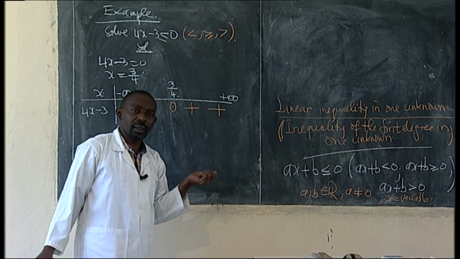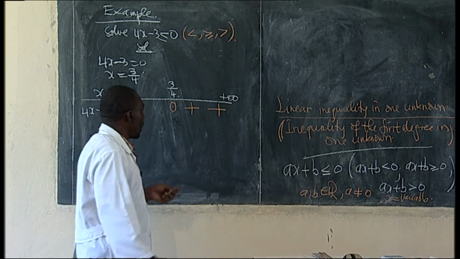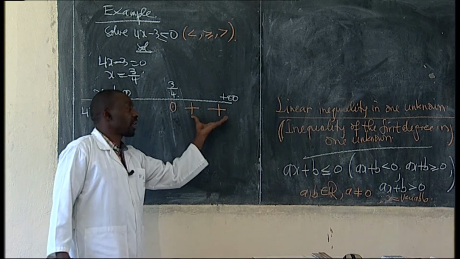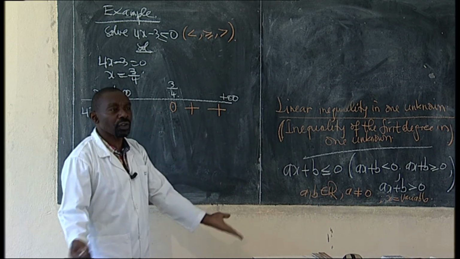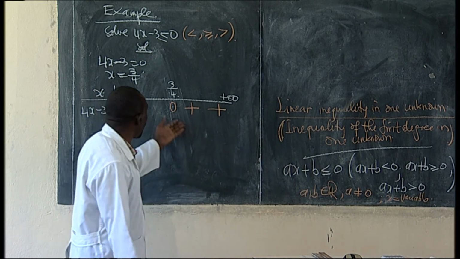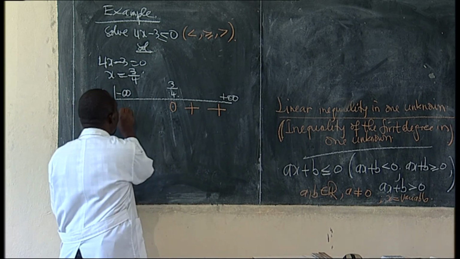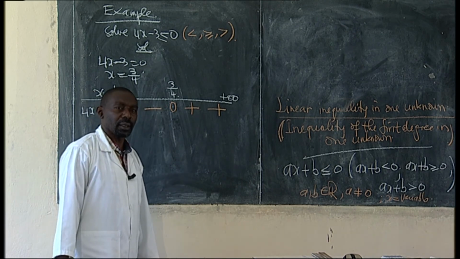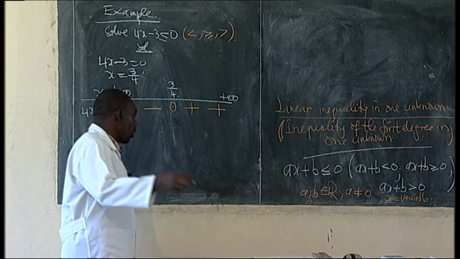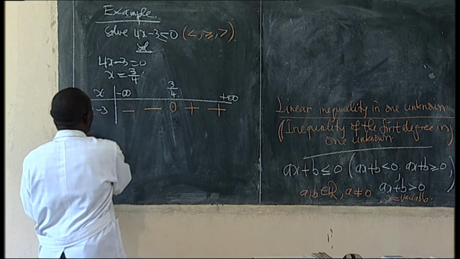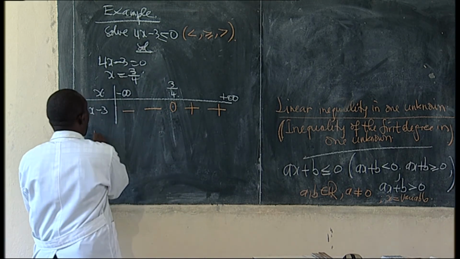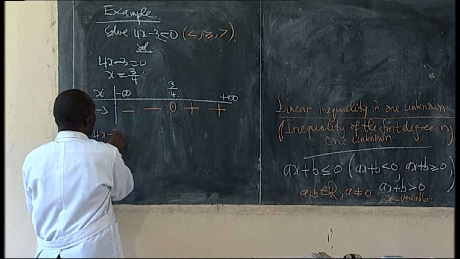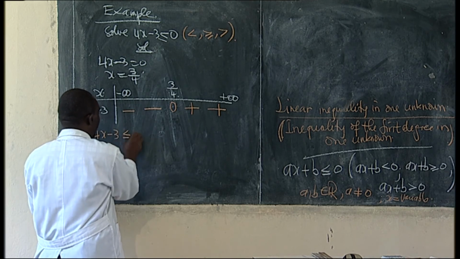Is it clear? Wonderful. Now, after getting the sign at the right, of course, the opposite sign will be at the left. Means that here it will be negative. Is it clear? Thank you very much. Now, remember, we are solving 4x minus 3 less than or equal to 0.